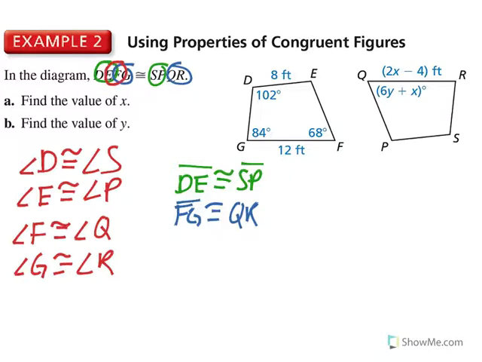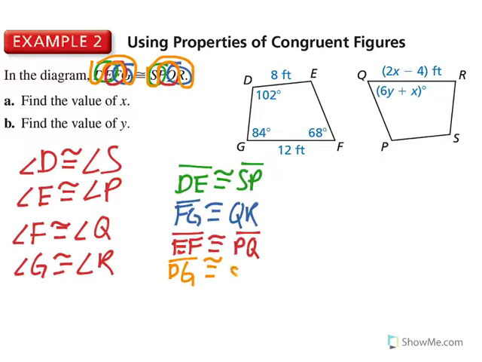So EF is congruent with PQ. And then the last set I can actually make is doing the last two, the two outside ones. So here I have D and G is congruent with I have S and R on the outside. So those would be my congruent segments.